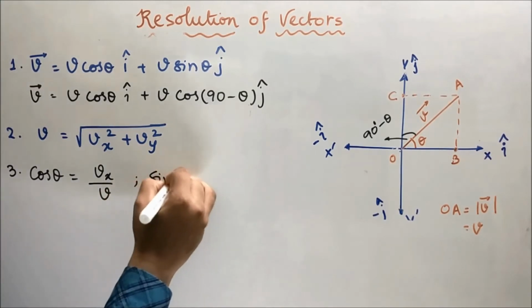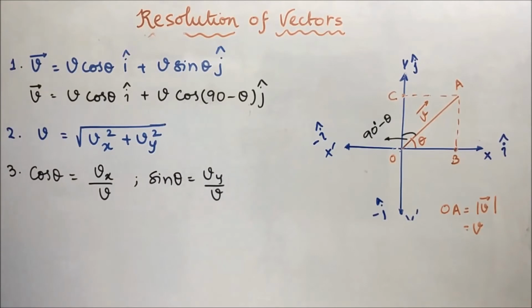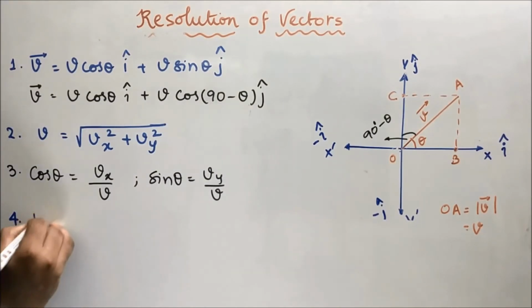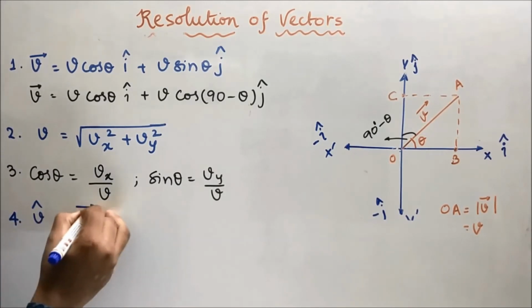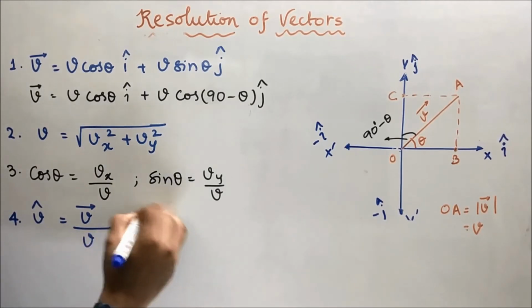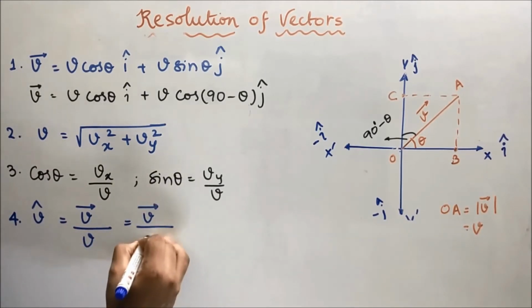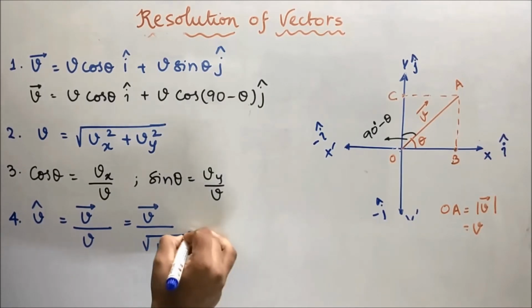Sin theta can be written as Vy by v. Unit vector of v is given by vector v divided by magnitude of v, that is vector v by under root of Vx square plus Vy square.